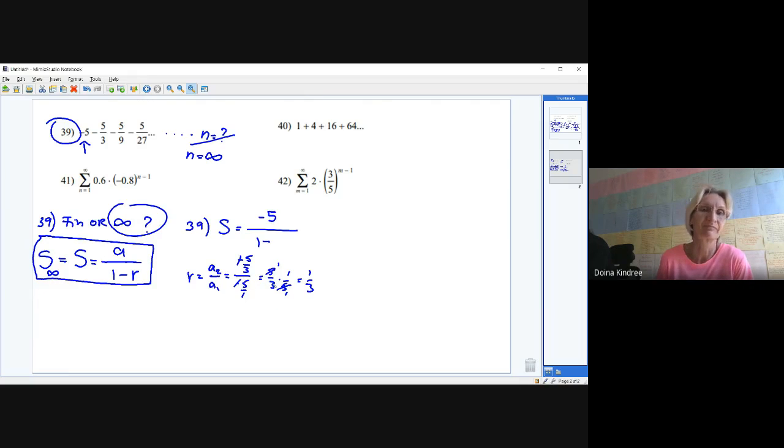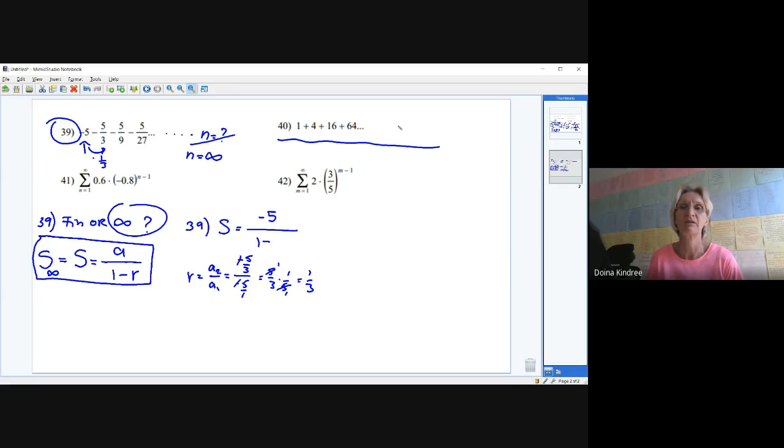If you are fast with your eyes here, you see that from 5 I go to 5 over 3. So what happens? I divide it by 3. When you divide by 3, you actually multiply by 1 over 3. That's how the infinite geometric series will converge, will go to a certain number. If you see here, for example, this is an infinite geometric series.